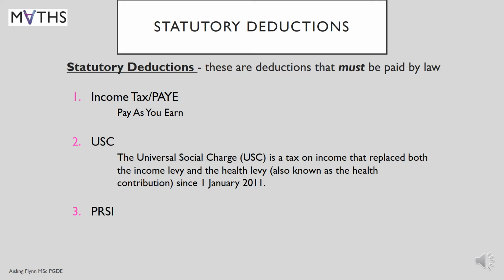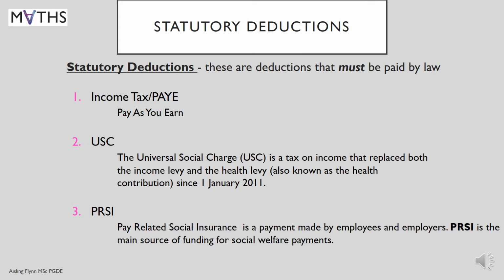The third statutory deduction is PRSI, or Pay-Related Social Insurance, and it's a payment made by employees and also their employers. PRSI is the main source for funding social welfare payments. If you become unemployed suddenly, you can claim what is traditionally called your stamps.